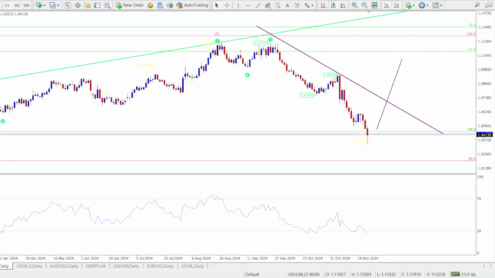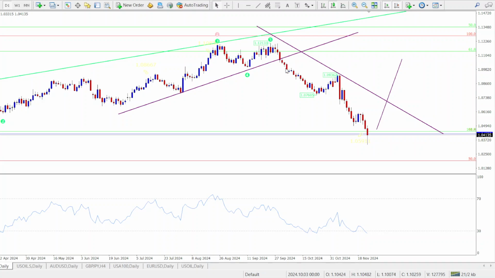We have wave 3, wave 4, and wave 5. Right after wave 5, we can see that this was a bullish move. And right after wave 5, there was a bearish breakout, and this would have been a good place to enter a sell.